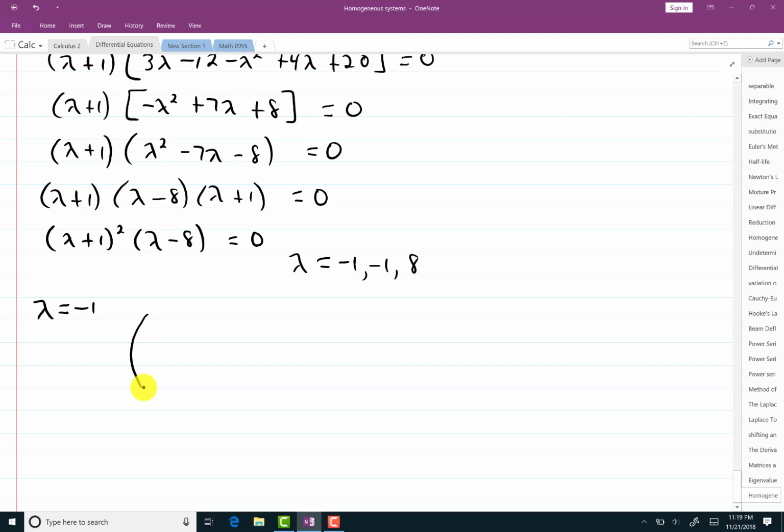So when lambda equals negative 1, I'll have 3 minus negative 1, 2, 4, 2, negative 1, 2, 4, 2, 3 minus negative 1.